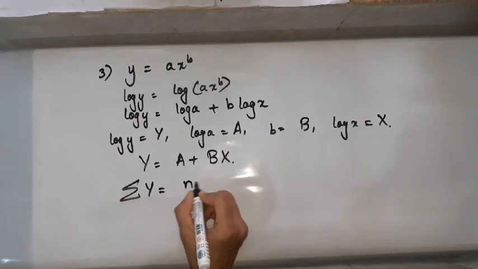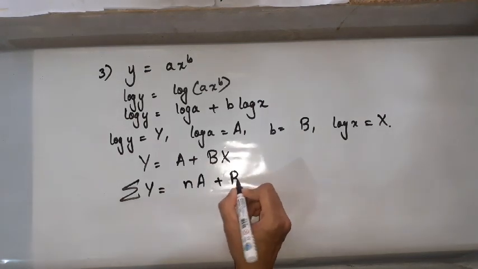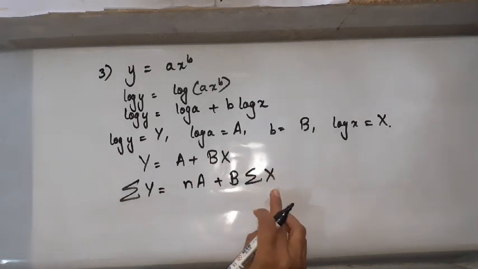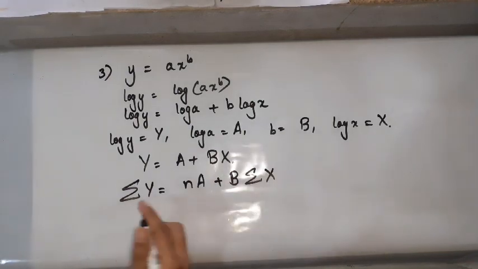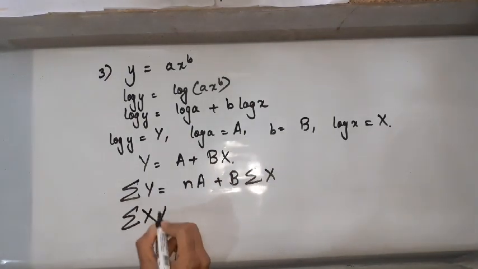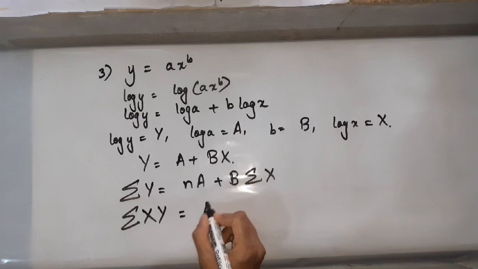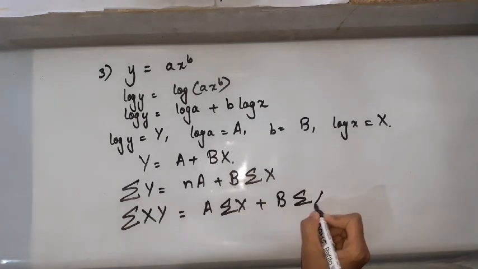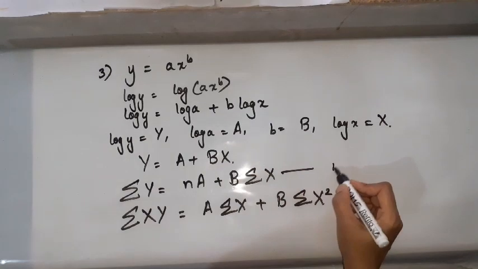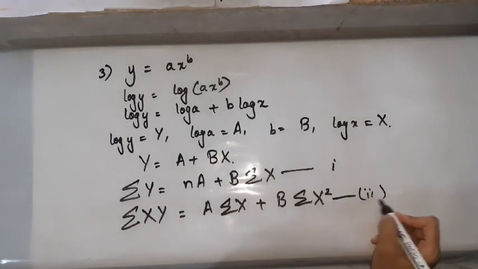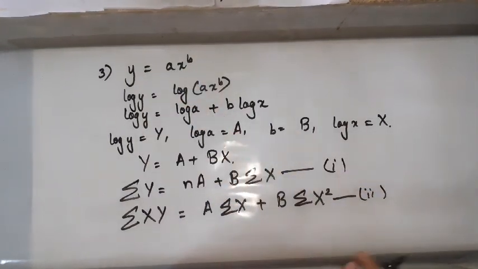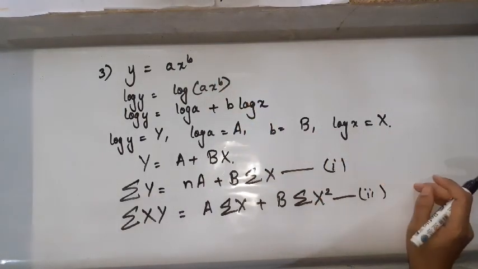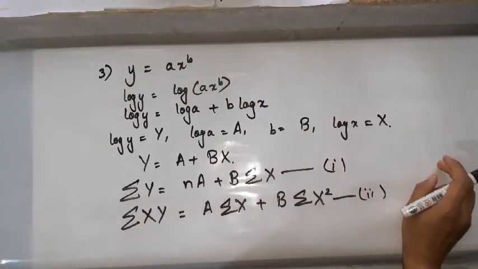Summation Y is equal to N into A plus B summation X. So summation X here will be capital again, as per the equation. Summation X into Y is equal to A into summation of capital X plus B into summation X square. So these are the two normal equations required to get the equation of this type for the given data.